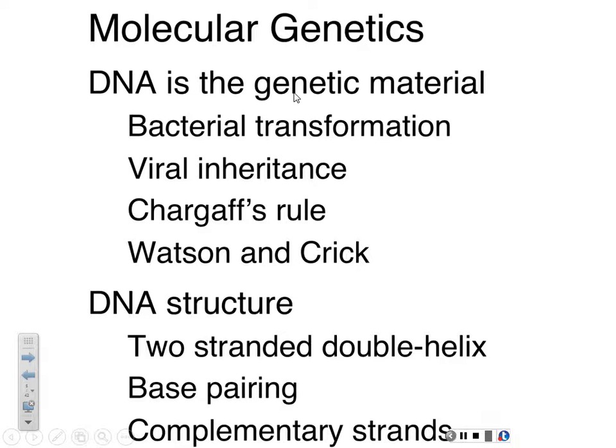To some extent, the process of figuring out that DNA was that key molecule began in the early 1900s with the work of a British physician, an army surgeon, whose name was Frederick Griffith. This is at the end of World War I, right?